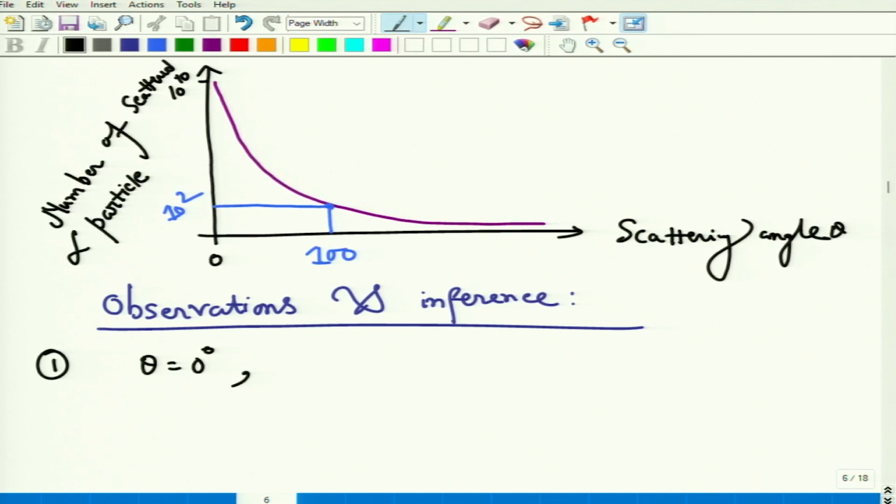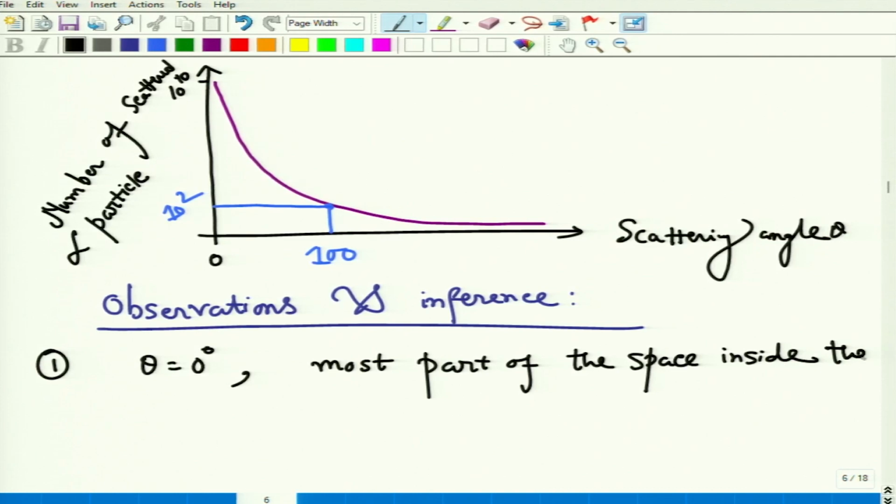This observation said that most of the space inside the atom is empty. Theta being 0 degrees means there is no interaction. If there were some interaction of the alpha particle with the elements of the atom, we don't know the elements yet, but according to the previous experiment there should be electrons and also a positively charged counterpart.